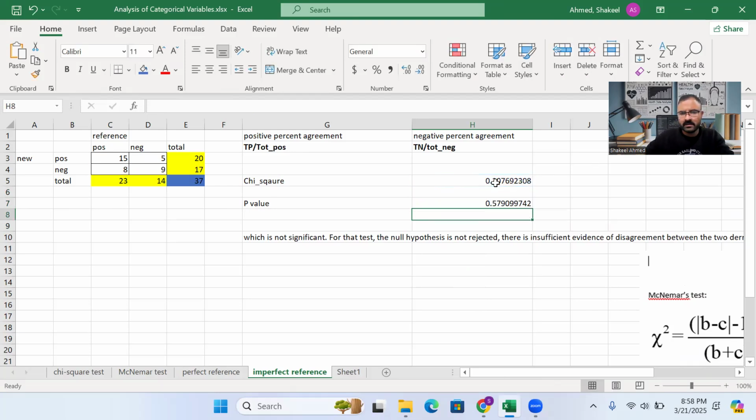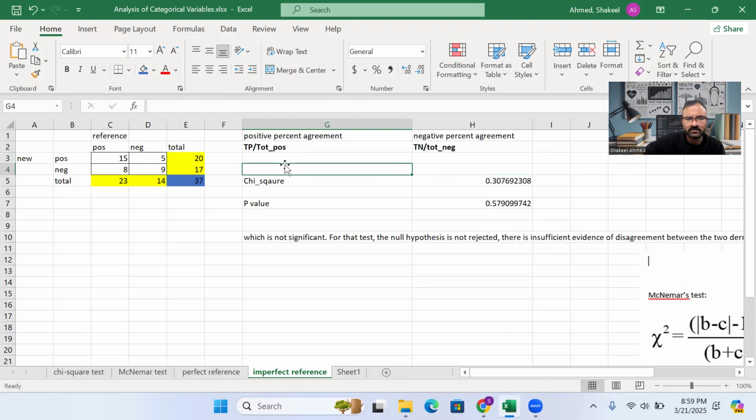So this is the p-value, which is not significant for this test. The null hypothesis is not rejected. So there is insufficient evidence of disagreement between the two tests. If the two discordant pairs are different, then we can say there is a significant disagreement between the two tests.